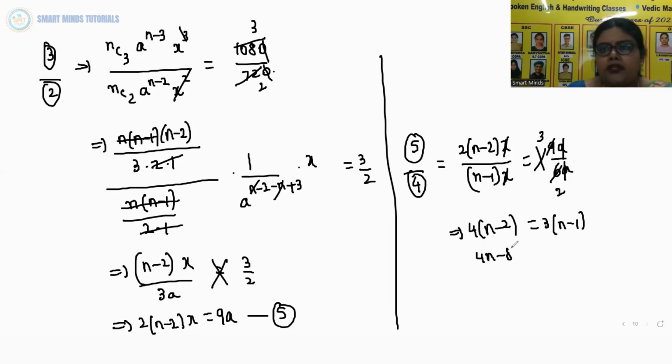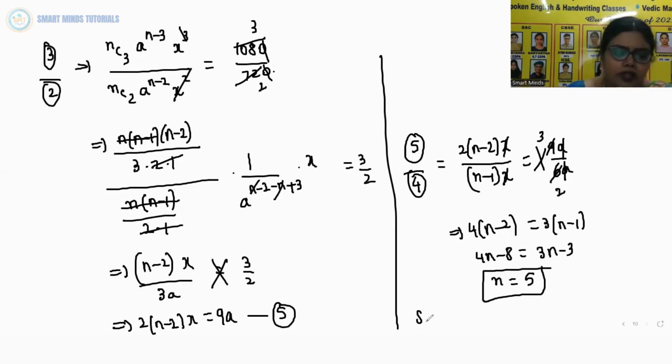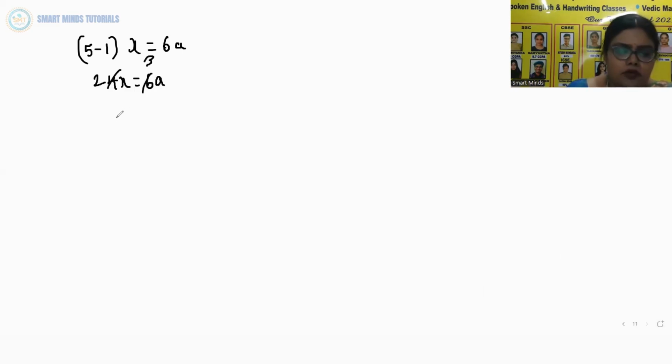So 4n - 8 = 3n - 3, so n is equal to 5. After you get n equal to 5, substituting in equation number 4, you will get (5-1)x = 6a. So 4x = 6a, which gives x = 3a by 2.